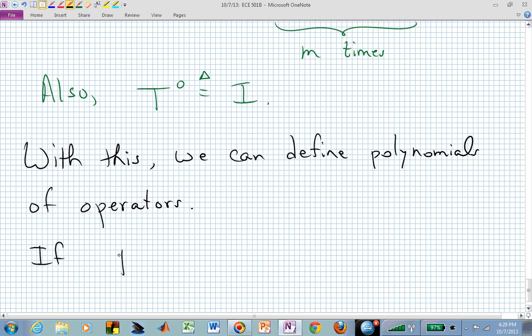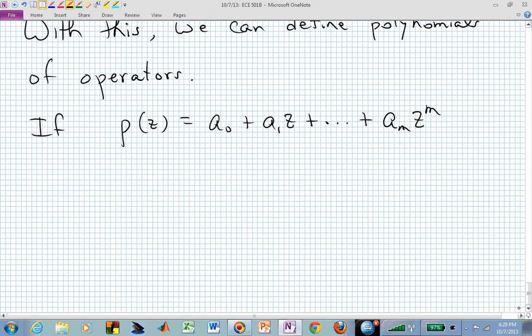For example, if we had a polynomial of z as a sub 0 plus a1 z plus dot dot dot plus a sub m z to the m, now we can replace that z with this linear operator T. So p of T is now a sub 0, and this a sub 0 in our polynomial was scaled by z to the 0.